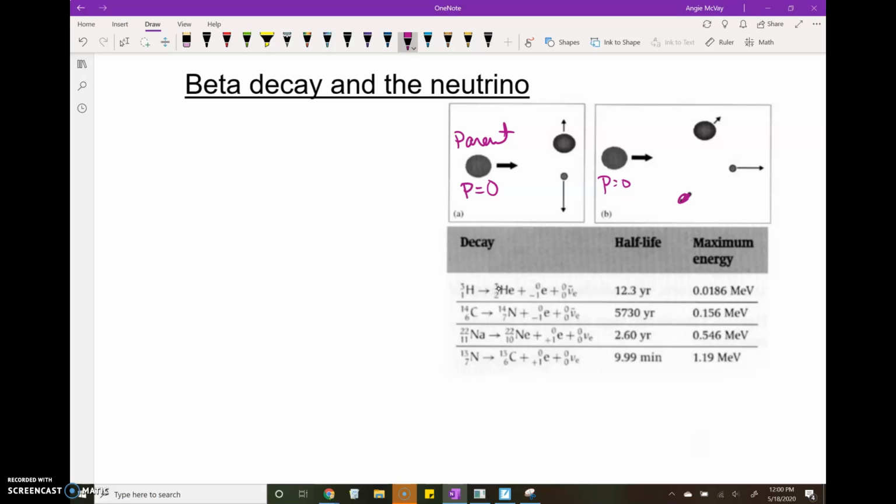But as a result, they figured there must be another little particle that we can't detect because it's probably neutral. If we add the momentum of our daughter nucleus and the beta particle, there's a net momentum in that direction.